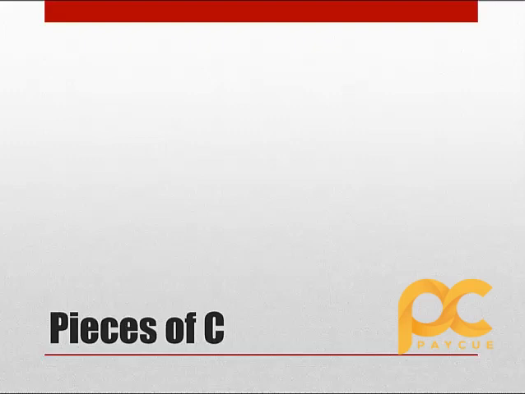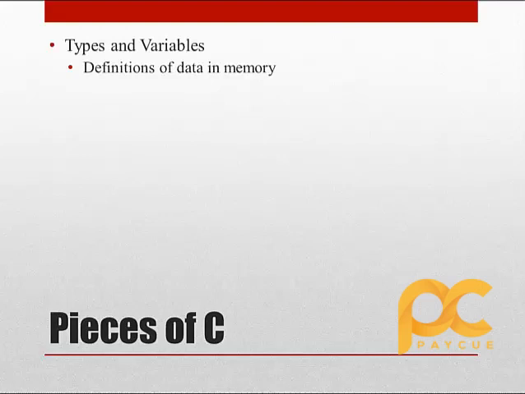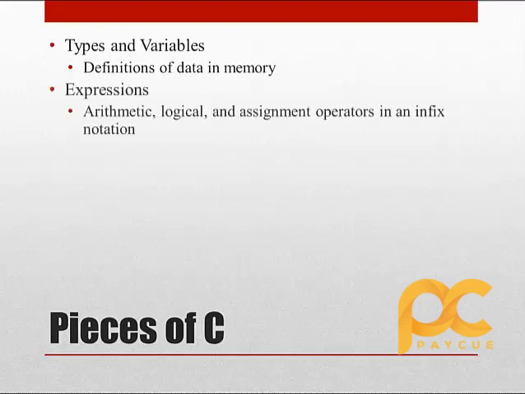Now let's go to the pieces of C: types and variables, which means definitions of data in memory; expressions, which are very important. There are arithmetic expressions, logical expressions, and assignment in infix notation. We will go through each and every part of this in this tutorial series.